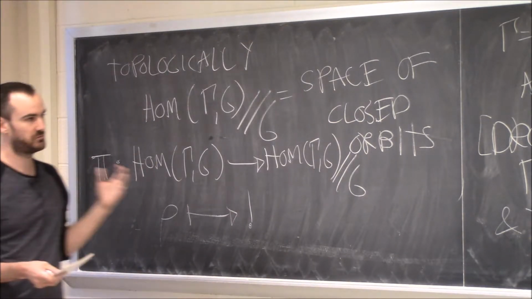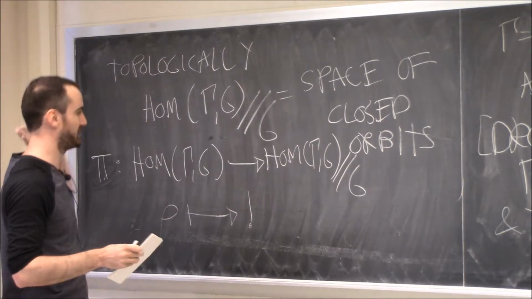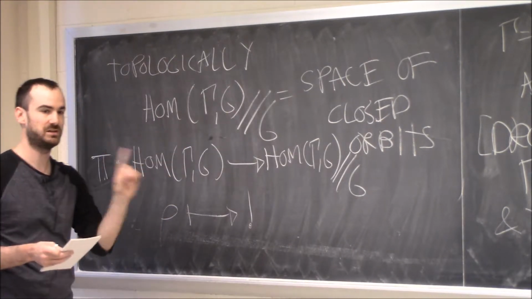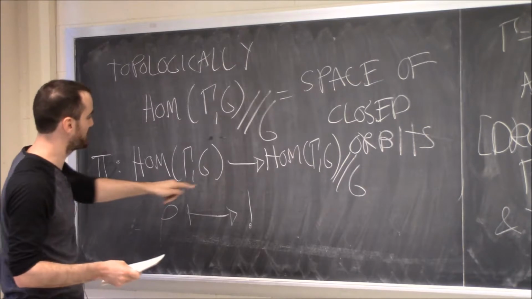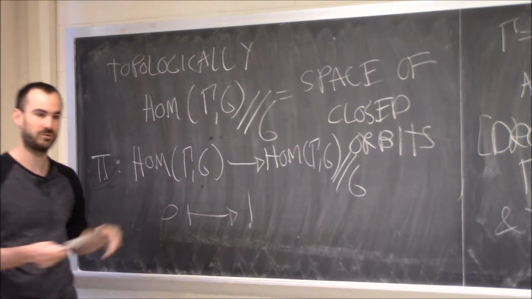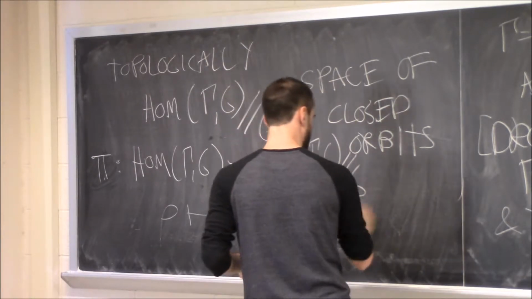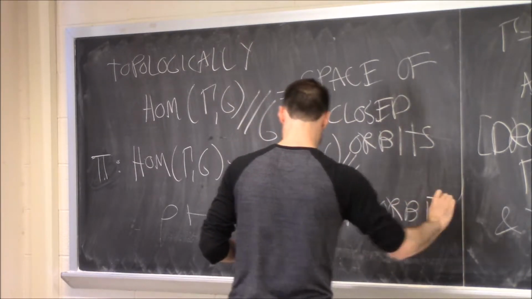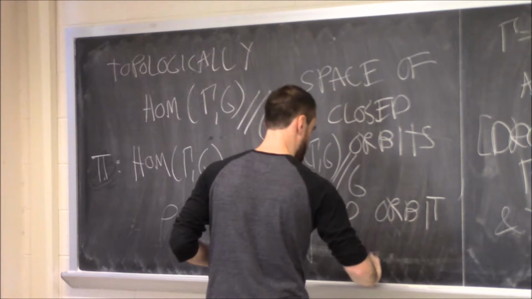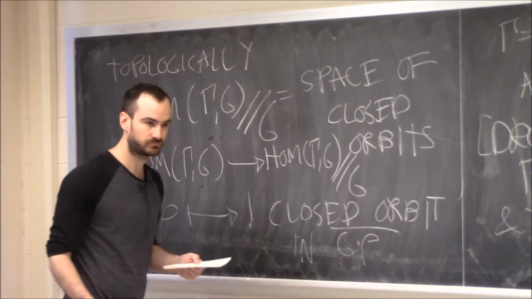But if you have an action of a reductive algebraic group and you're looking in the closure equivalence class, there's always a unique closed orbit representative, and that is precisely what makes this GIT construction work from a topological point of view. So the unique closed orbit in G acting on ρ closure.